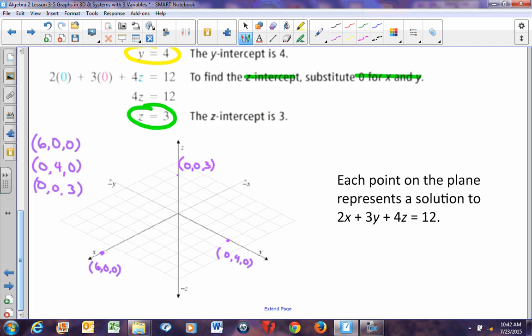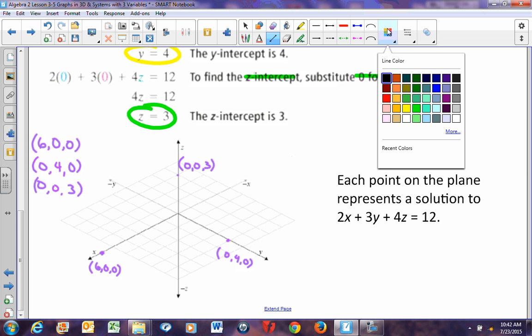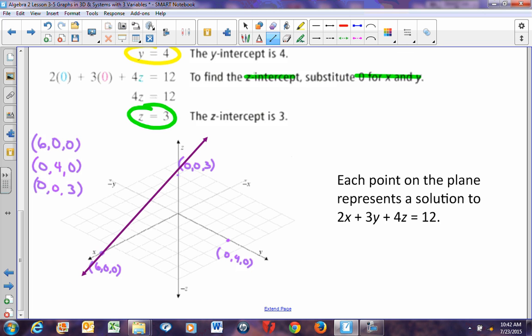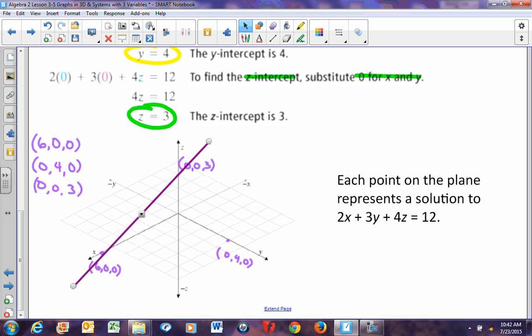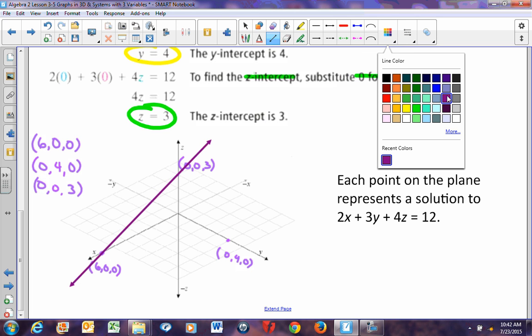Now we need to draw the traces, which means basically draw the lines that intersect these 3 points. So if I was going to draw these 3 lines, okay, I'm going to do this line here. And then we're going to do this line here.